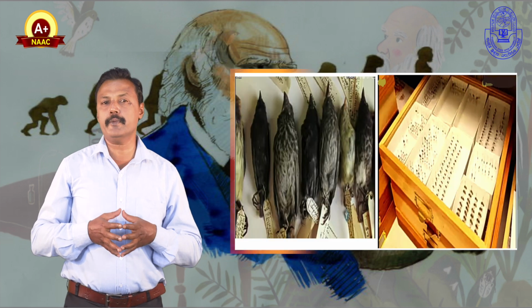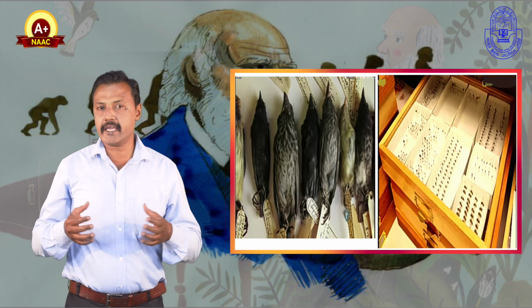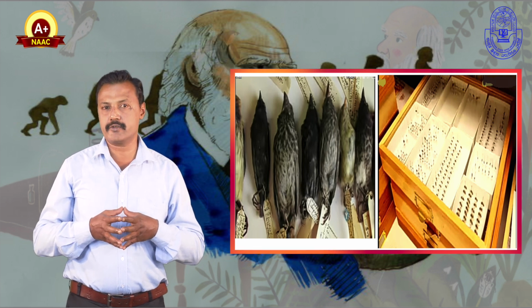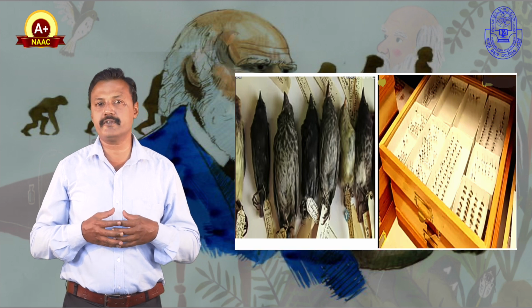Charles Darwin collected numerous specimens during his voyage from 1831 to 1836, and this collection was studied at his Down House with careful investigations, giving rise to a number of theories.